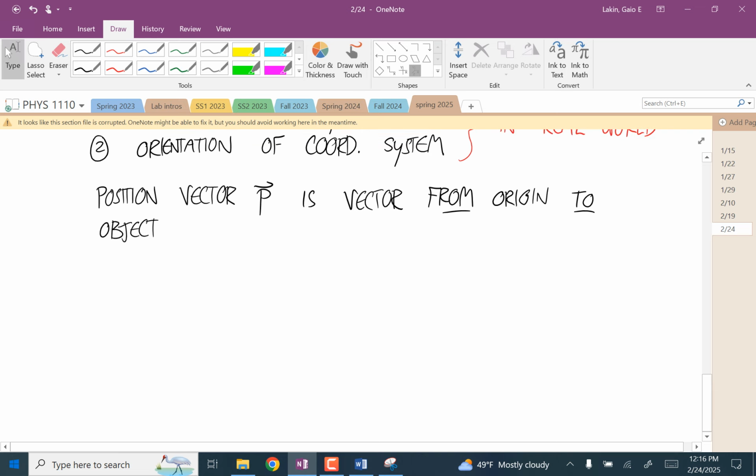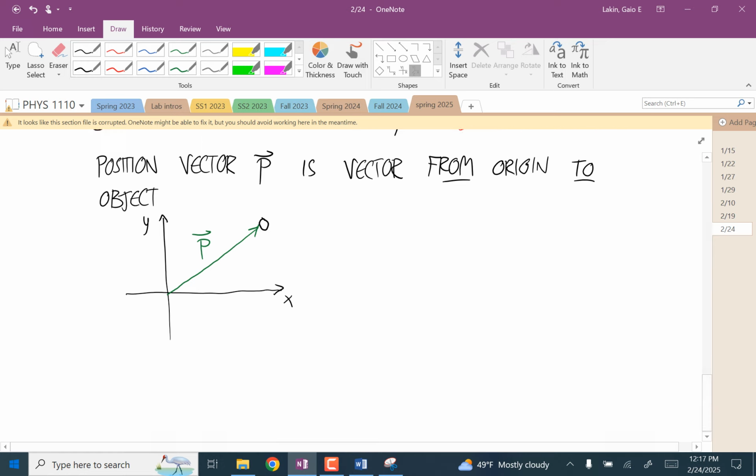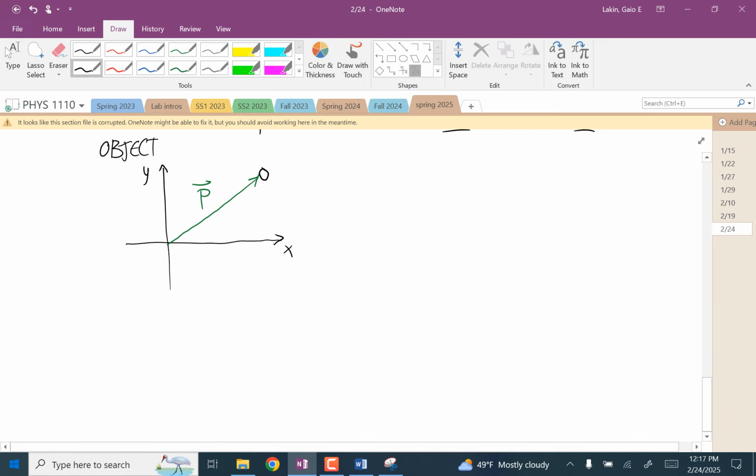So if you choose your origin to be here, your coordinate axes to be oriented like this, and at this instant the object is there, then the position vector is the vector that has its tail at the origin and its head at the object. That's the position vector. Maybe even a more intuitive way to think about this.